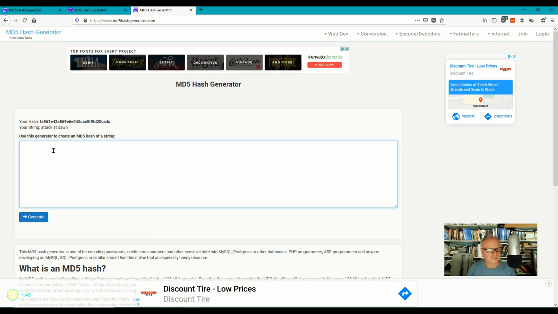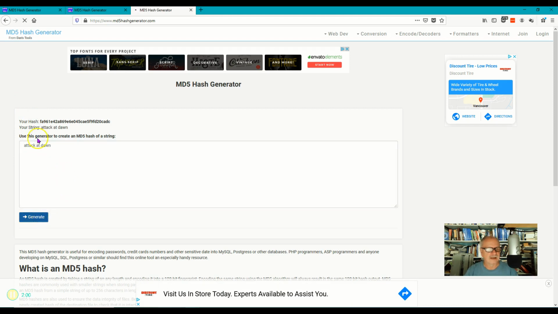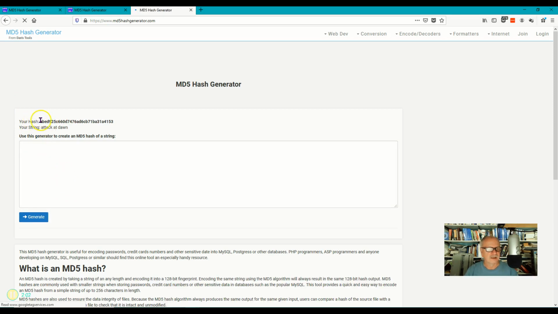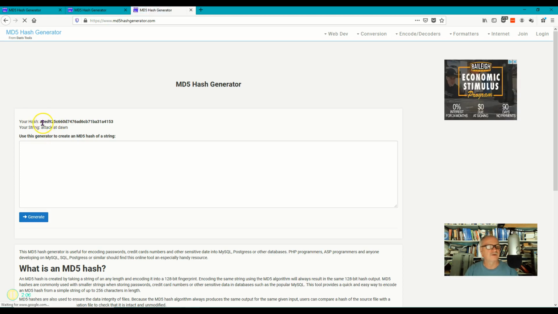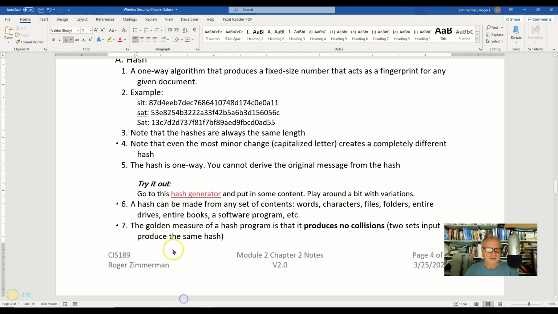I'm going to put a space in front of it. Now you probably wouldn't even notice this in a document, but let's generate a hash. ABED9, a completely different number here. And the only difference was a space that you would not even visually see.